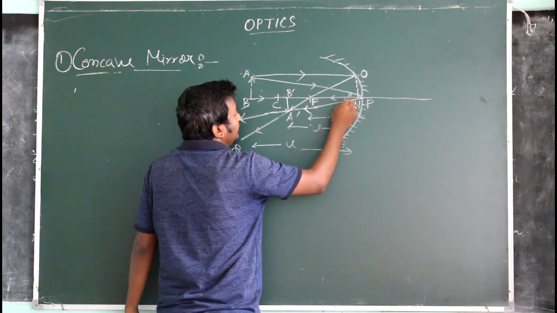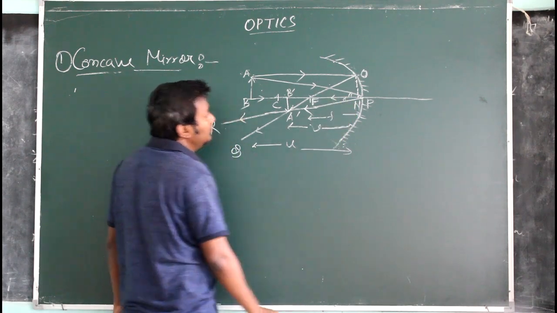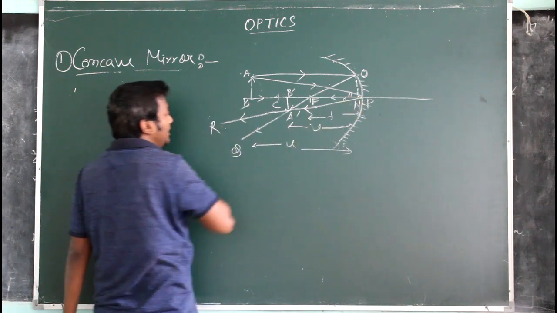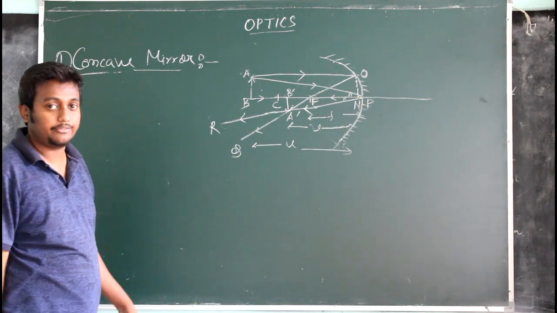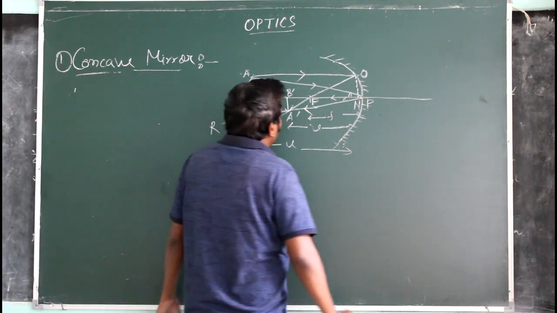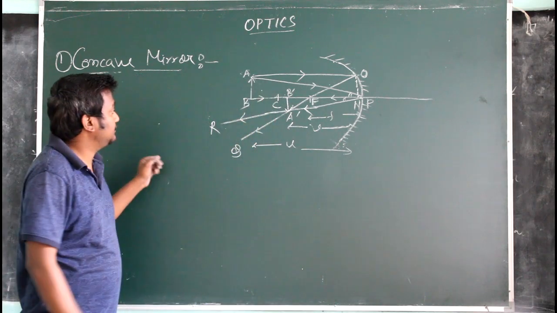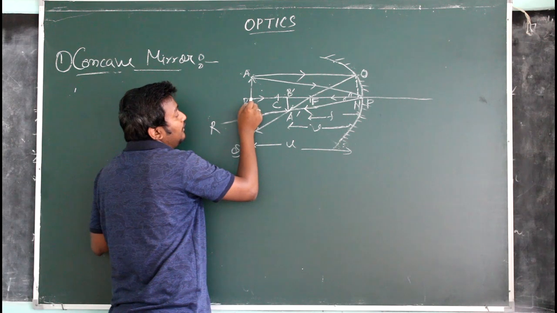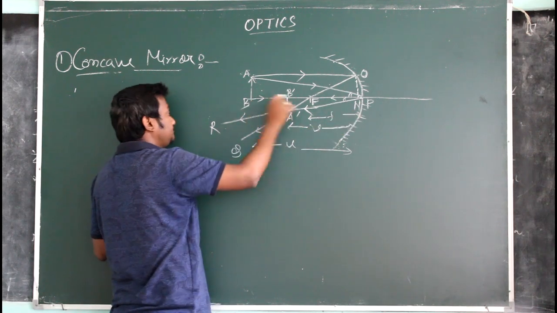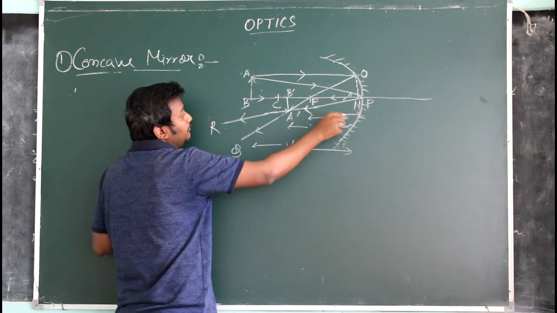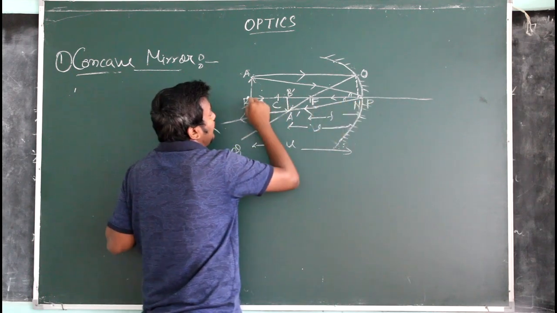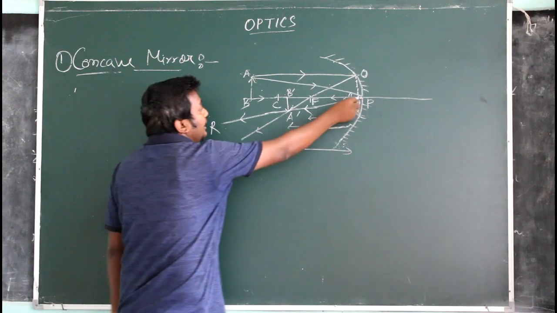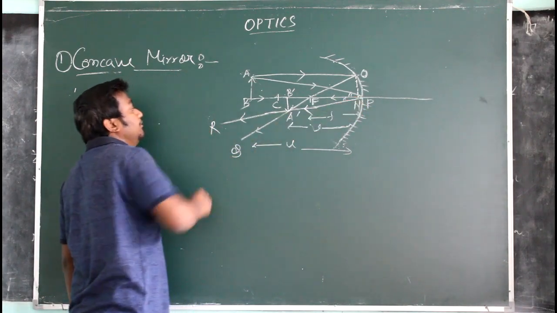That means this angle equals this one. AP is the incident ray and PR is the reflected ray. And one more ray comes out from B and goes along the direction of the principal axis. It is incident on the point P, and after reflection it goes along the same path.